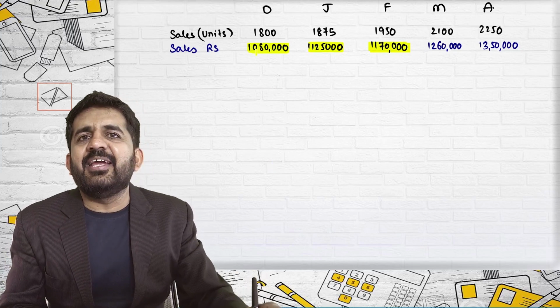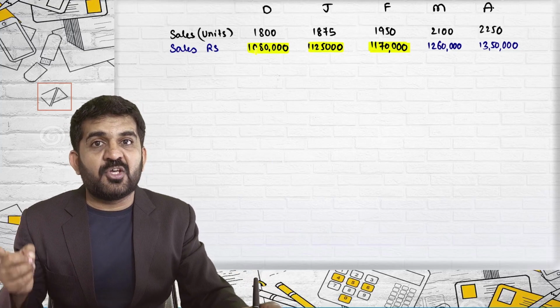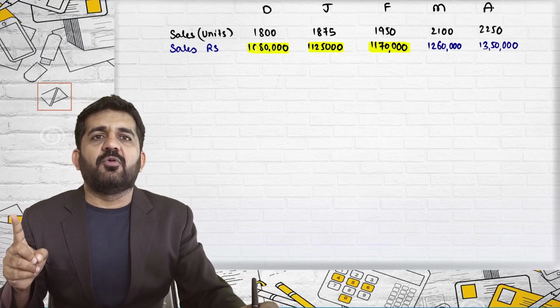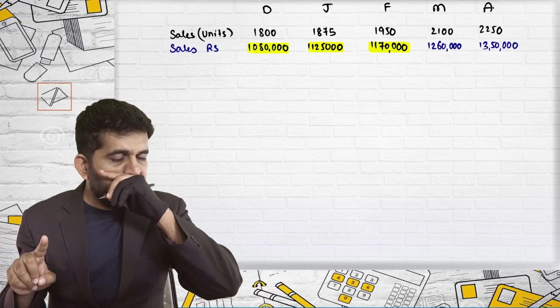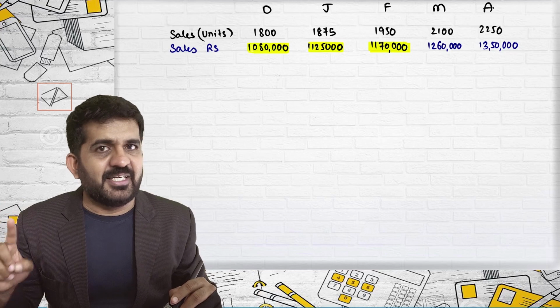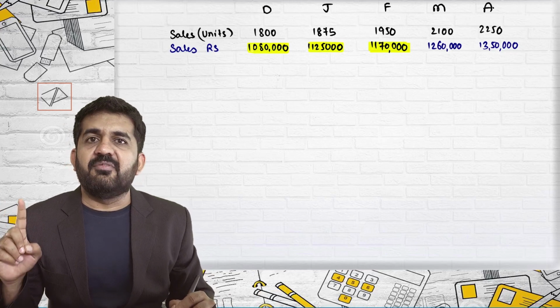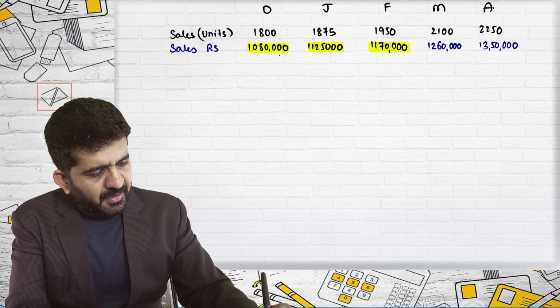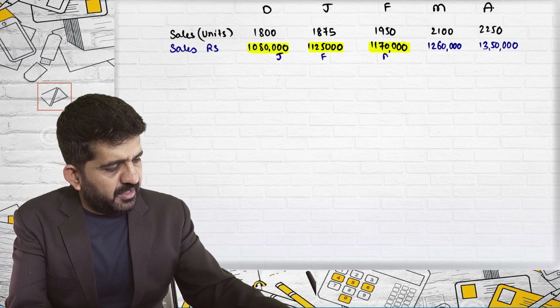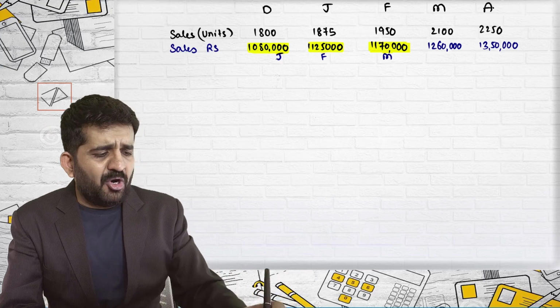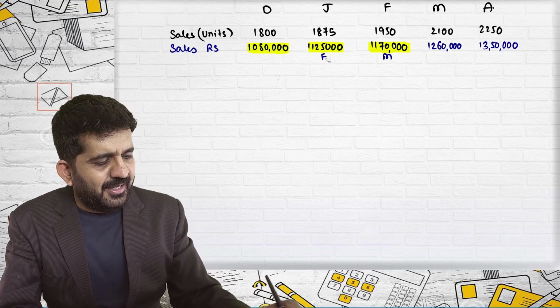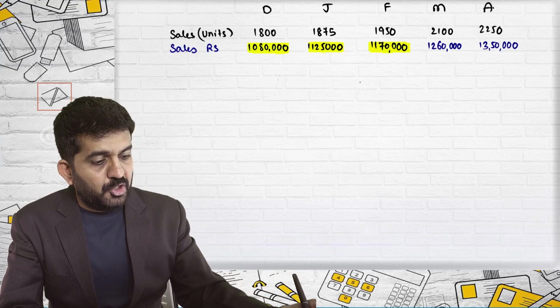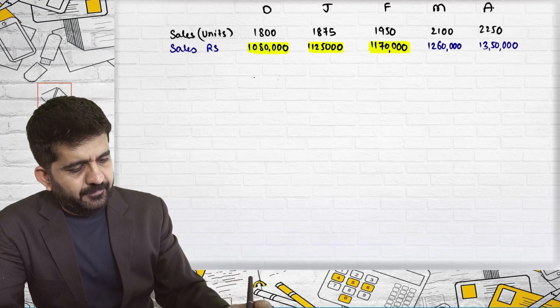So 10,80,000 rupees is the sales of December, but the money will be recovered in January. Why? December sales will be credit sales. They will become our debtors. They are given 1 month period. They will be paying in January. So this will become my figure for January, February and March. I will be just writing 10,80,000, not in December but in January.